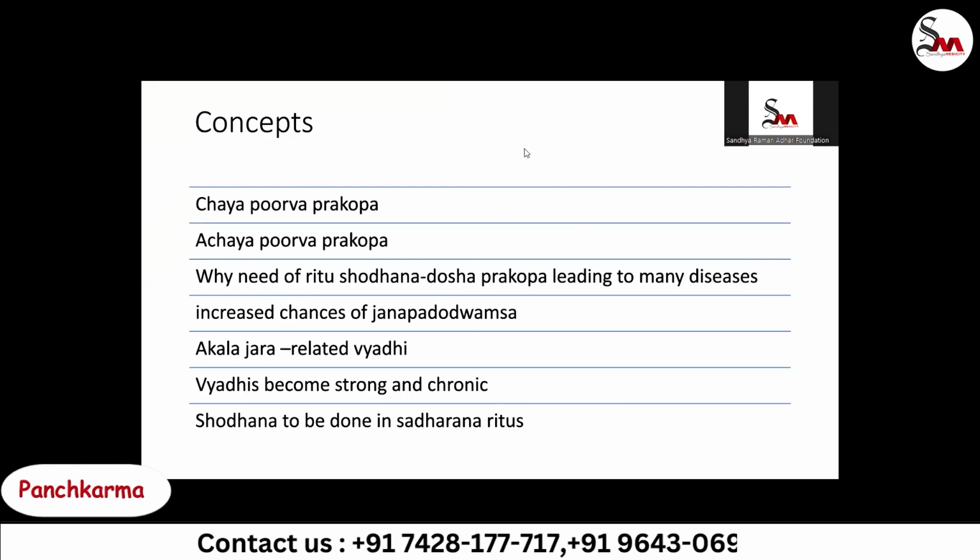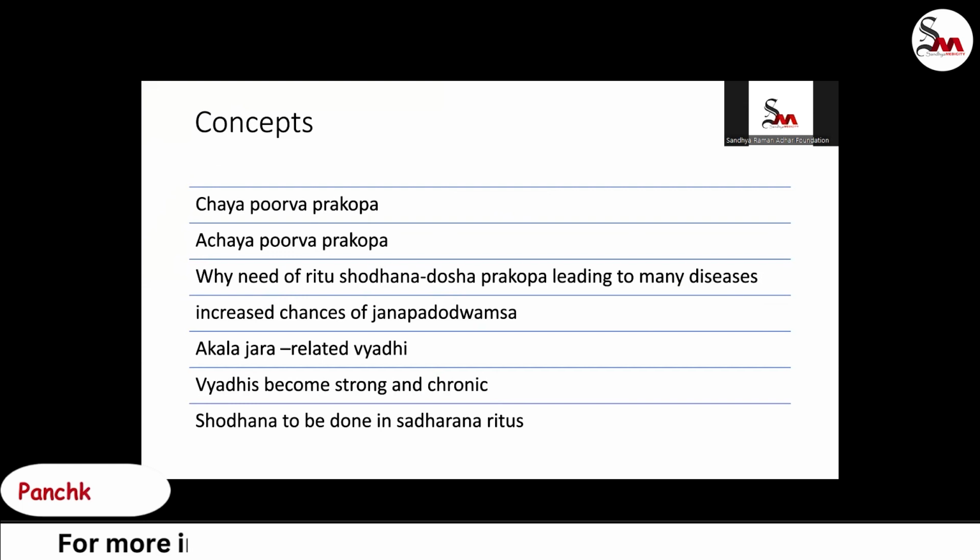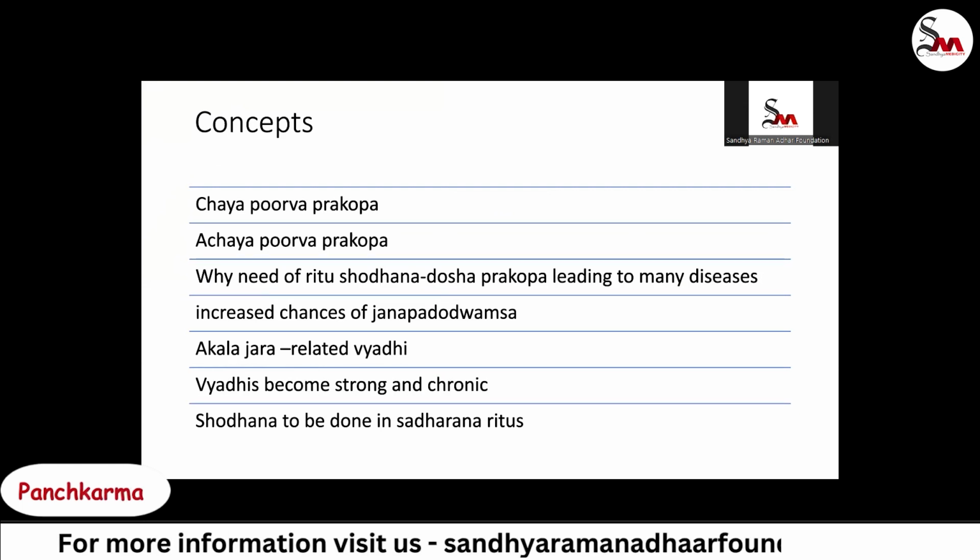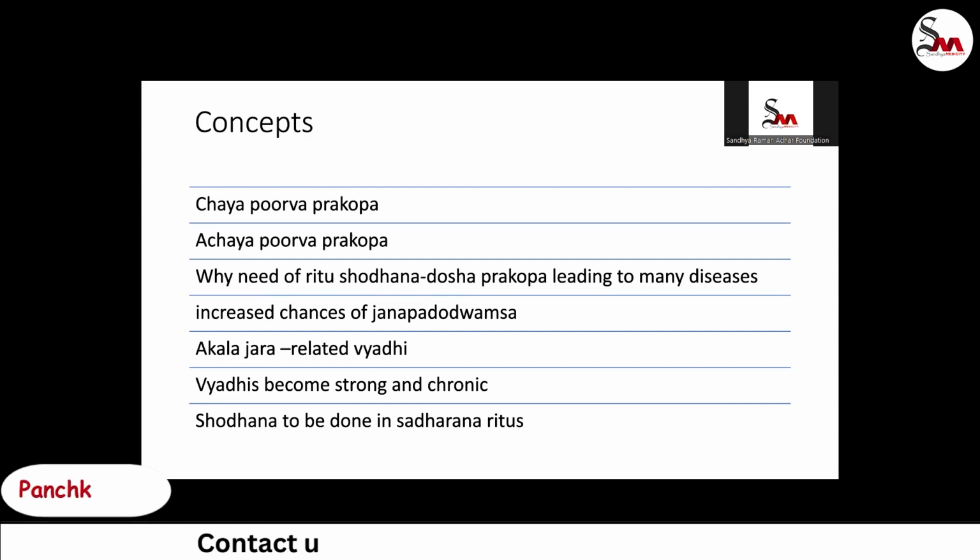For example, the pitta in Sharad Ritu. In this Ritu, if it causes Visarpa, in the next Ritu, next year, it might cause some other disease. So, you cannot invite diseases every season, right? So, better to undergo Ritu Shodhana so that we prevent so many diseases. We prevent the dosha prakopa itself.